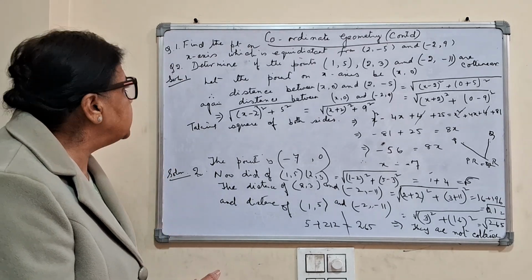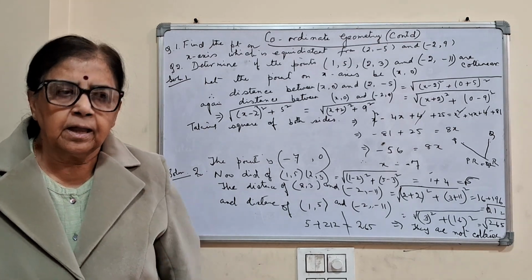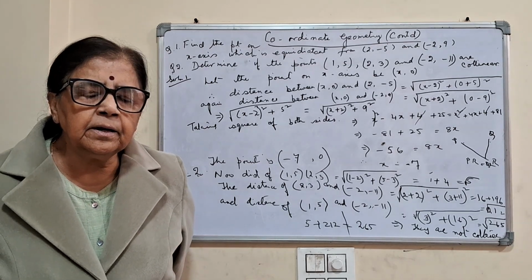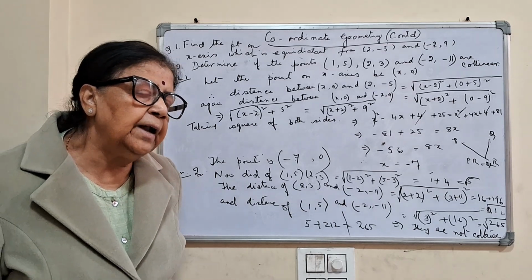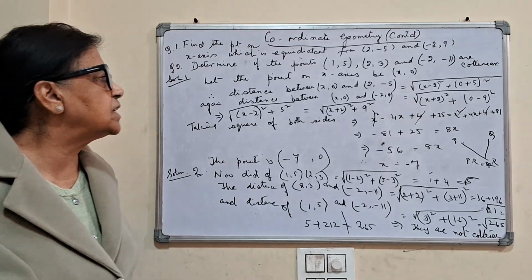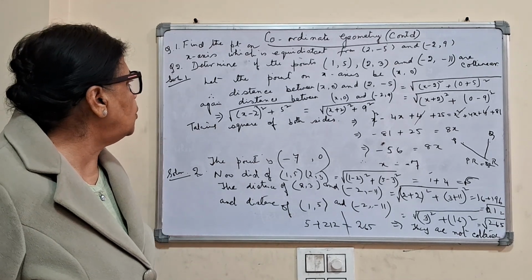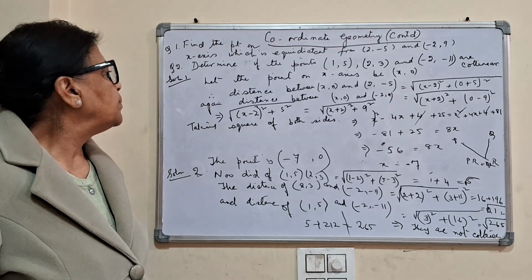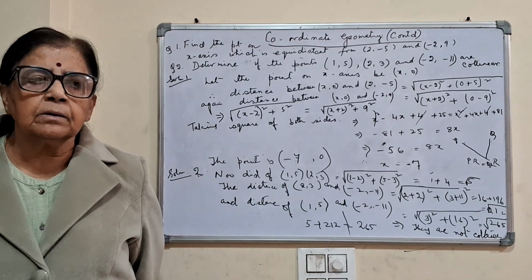Second question. Determine if the points (1, 5), (2, 3) and (-2, -11) are collinear. They have asked whether the points are collinear.